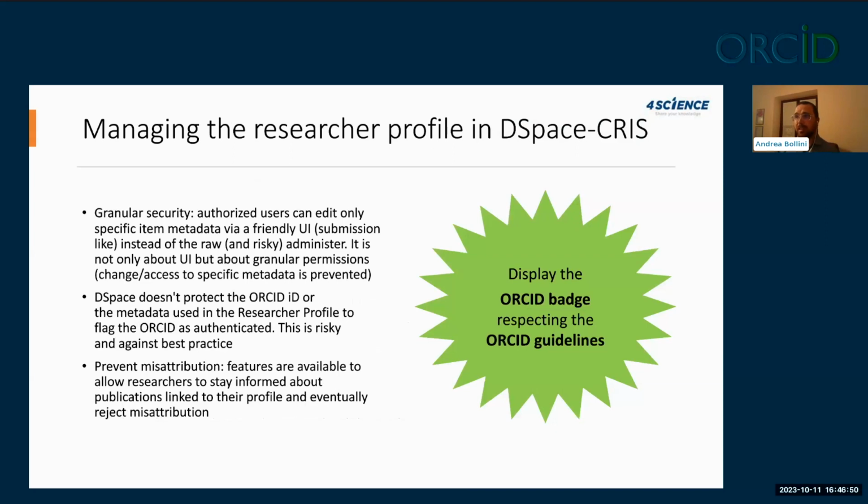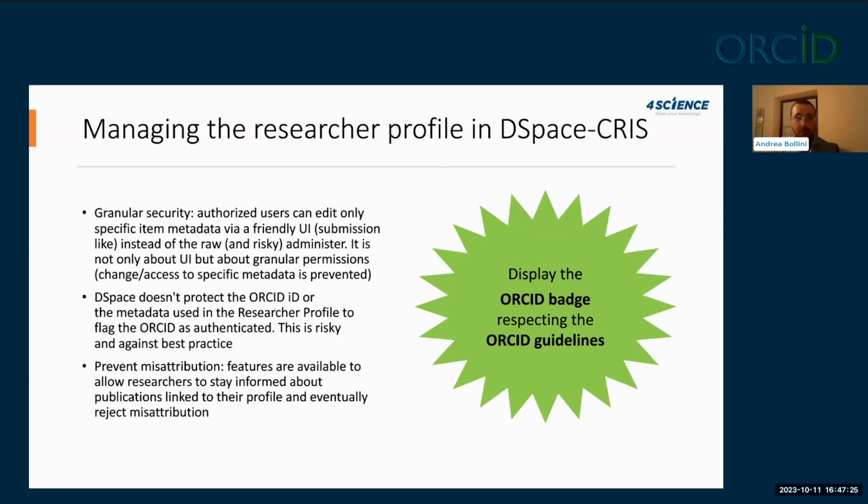This means that researchers are able to manage directly some information in their researcher profile without using the administer item page, which is too much power and risky for a normal user because it allows editing raw data. Specifically, this administer page in a normal DSpace also allows you to manually change the ORCID ID, or to remove or add the information that this ORCID ID was authenticated.